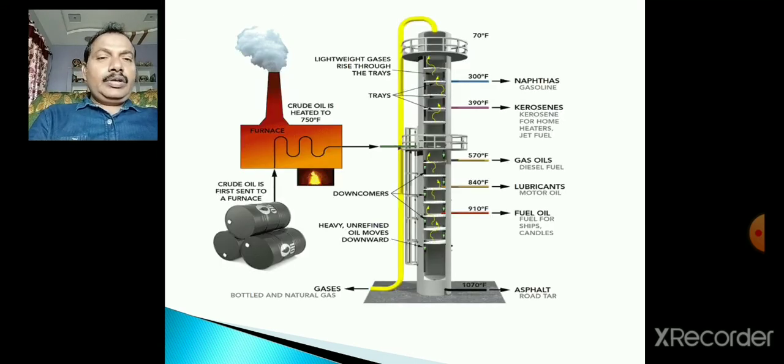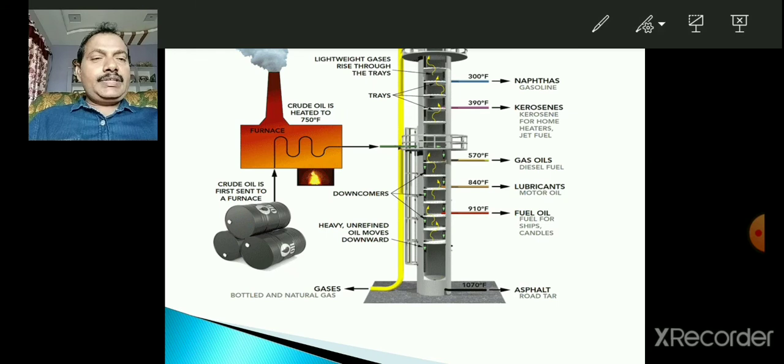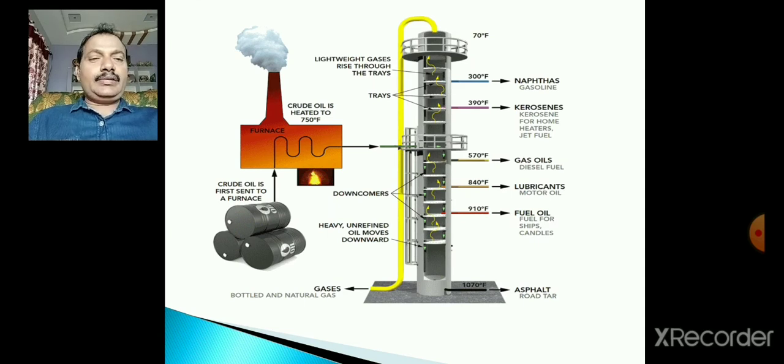Now if you observe here, this is the refinery section. Oil and natural gas, you see the atmospheric distillation column.